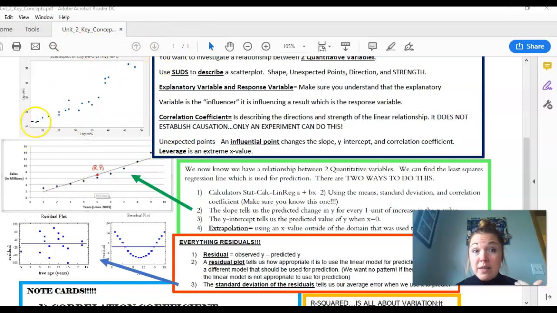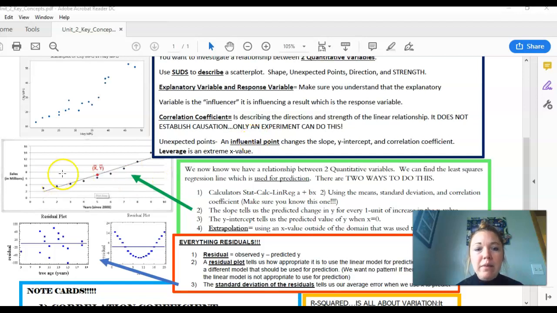If it is 1, it's going to be a straight line, okay? The closer it is to -1, that just means it's going in a negative direction. The closer it gets to 0 means there's not really a relationship going on, okay? Now, just because there's a relationship does not mean one thing causes the other. Really, really, really important.